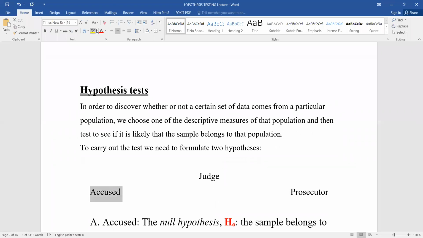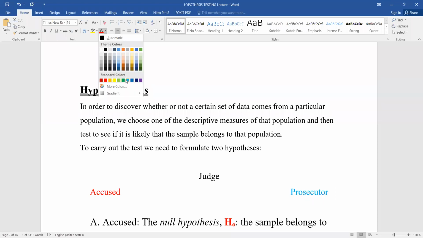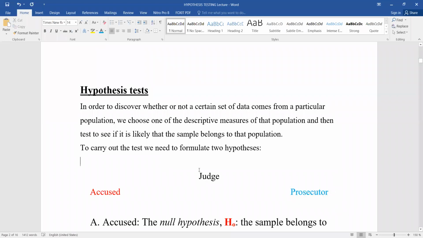Then we have the judge, or sometimes we have the jury, who will listen to the case and then give their final verdict, saying, based on the evidence of the accused and the prosecutor, somebody is guilty.